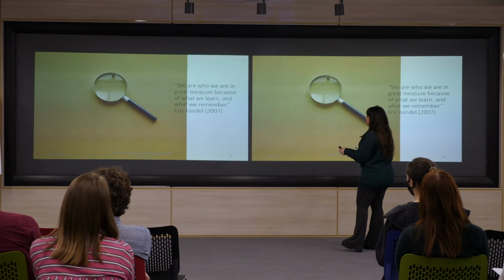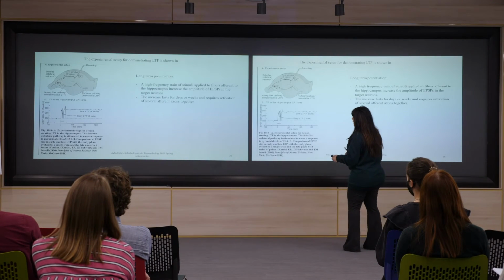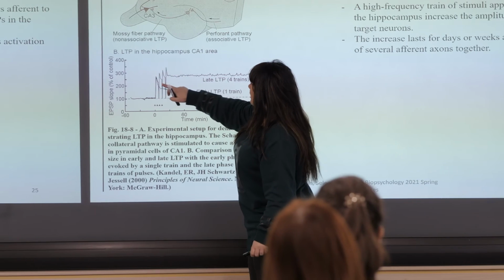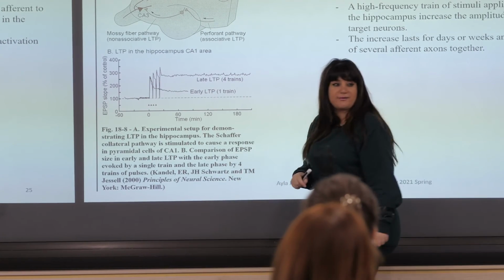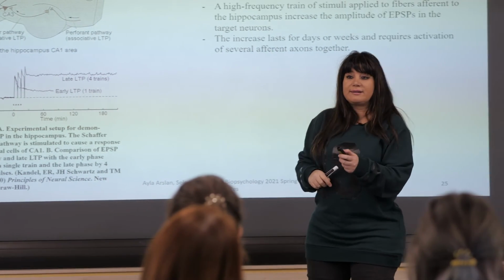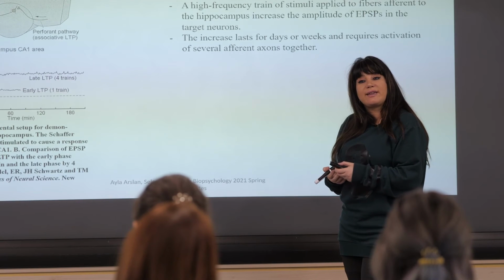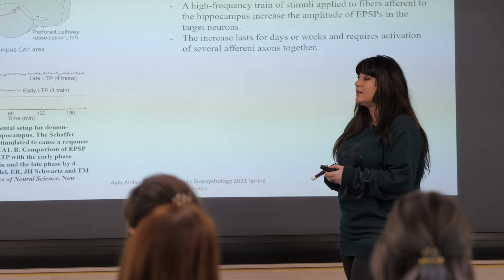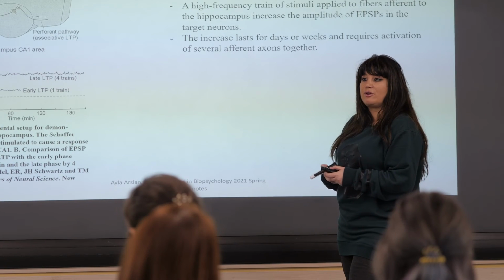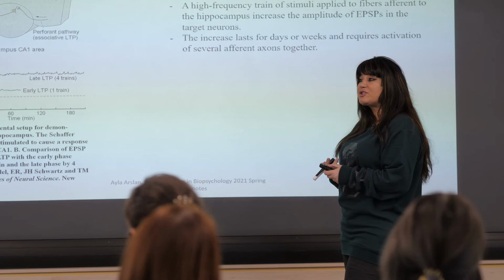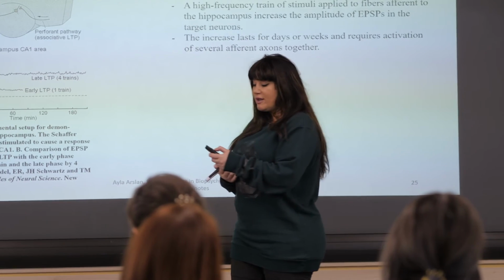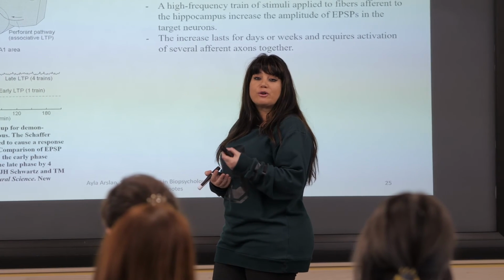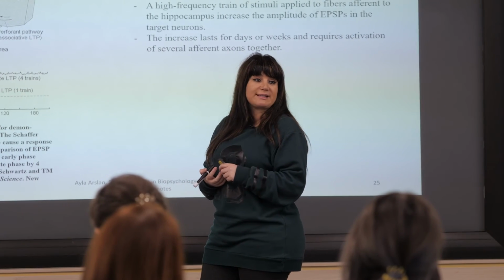That is how they found this phenomenon. Later studies led to the identification that the potentiation of the response of the target neuron, the second neuron, happens because the synapses become stronger as a result of insertion of new proteins into the postsynaptic cell.